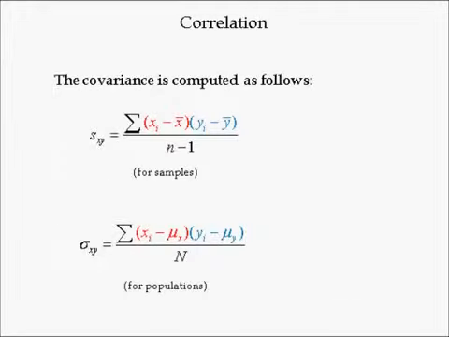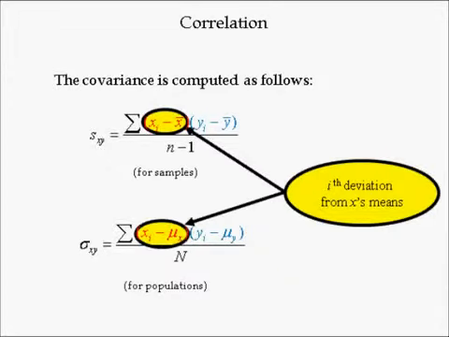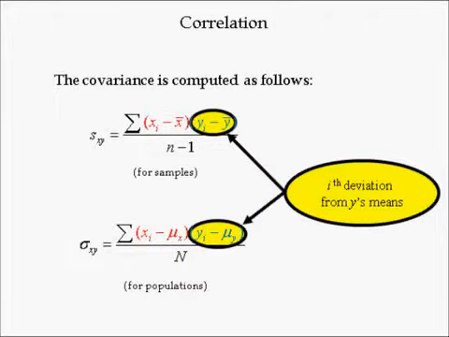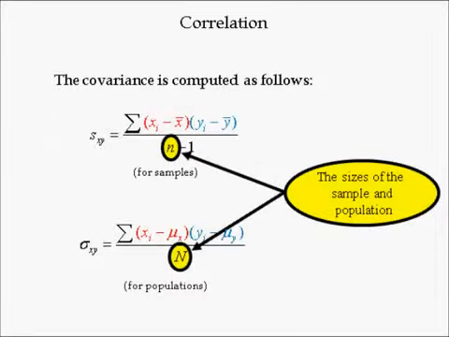The covariance equations are similar to the variance equations. Each deviation from x's mean is multiplied by the corresponding deviation from y's mean, which are then summed up. After summing the products of deviations from the population means, the sum is divided by the size of the population, capital N. The result is a population covariance.